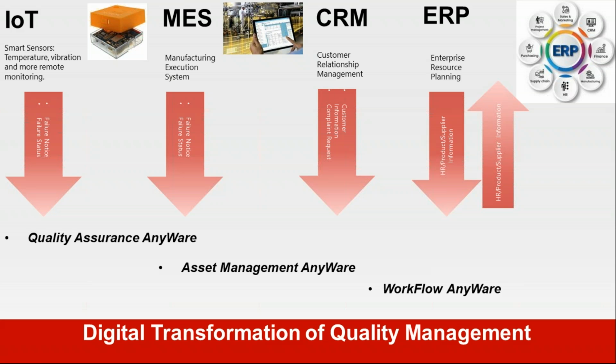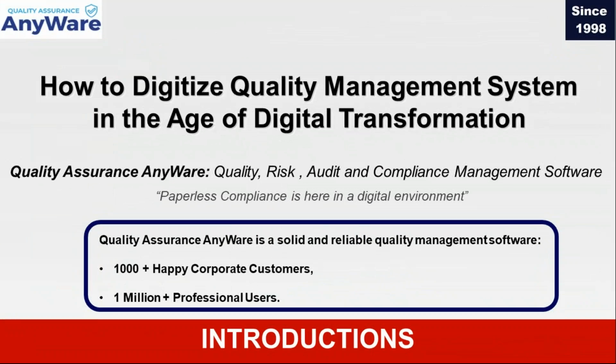So once you enter it in the system, then these two systems or three systems or all of them, for example, can interact with each other. And this interaction helps you have an automated work environment. That is part of the digital transformation of quality management, which is very exciting if you think about it, that you can do many different things and you can manage them in one place.